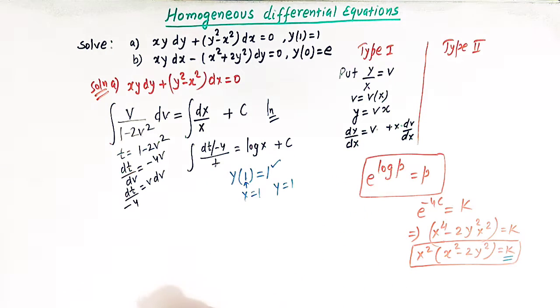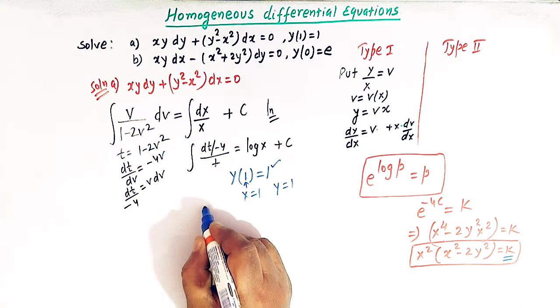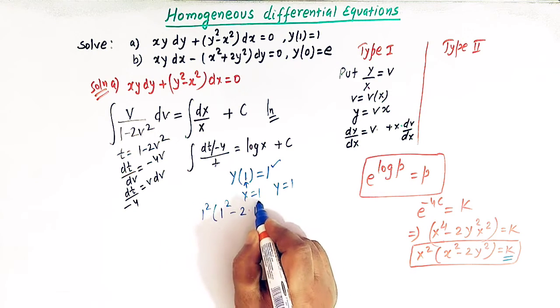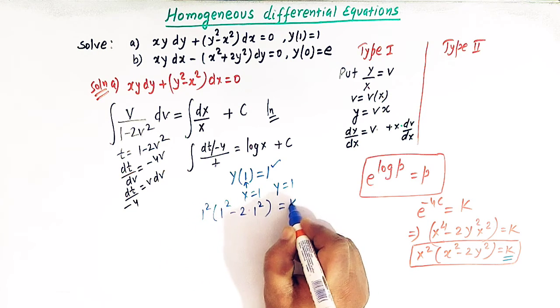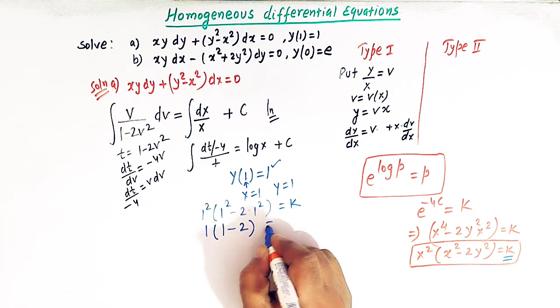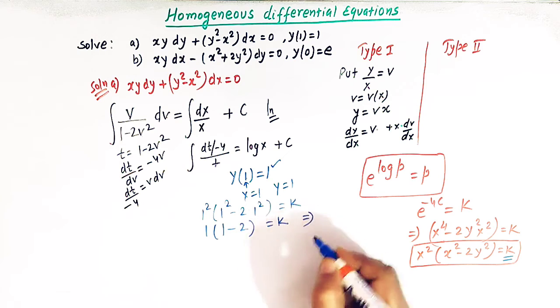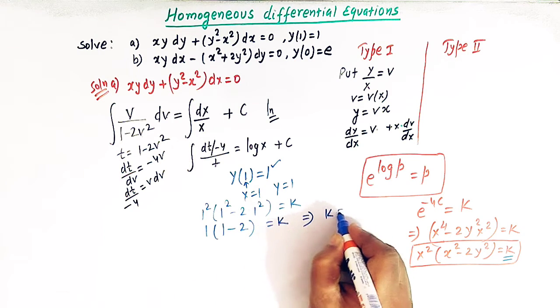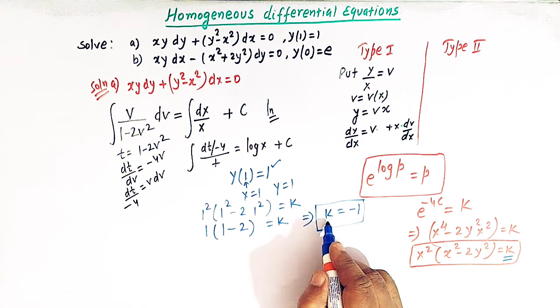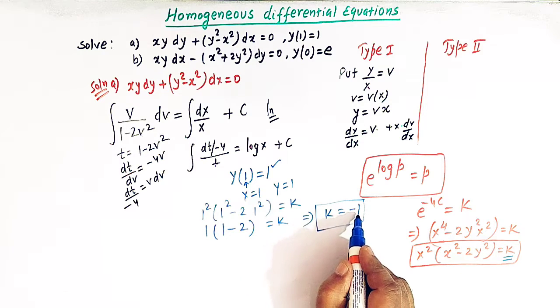So taking these values in this equation, we have 1 square minus 2 times 1 square is equal to k. So this is 1 times 1 minus 2 is equal to k. So k is equal to negative 1, right? So the constant of integration k is equal to minus 1.